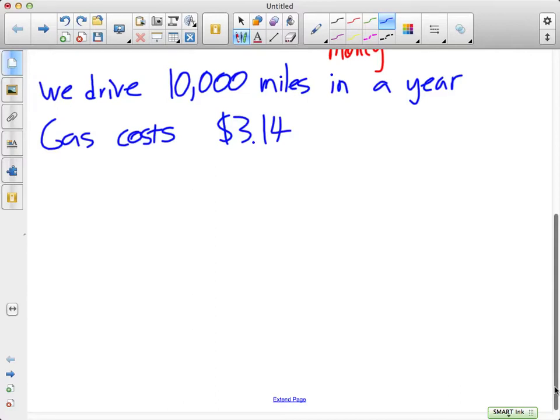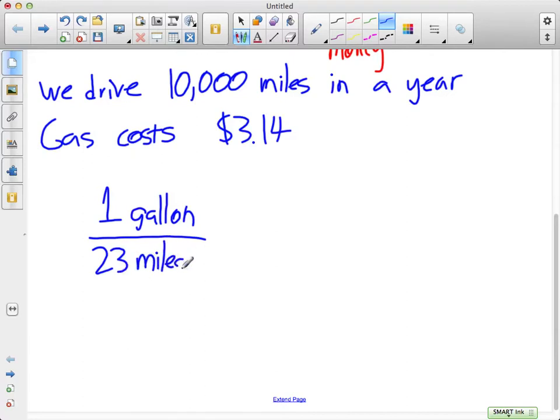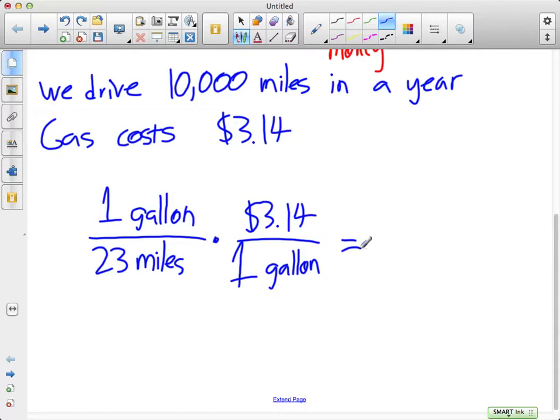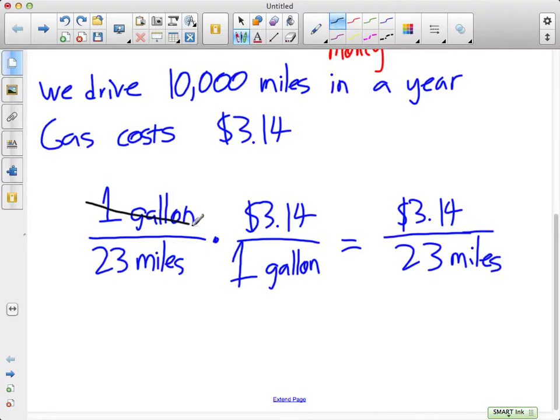So 1 gallon of gas gets us 23 miles. This is miles per gallon. Well, and we know $3.14 gets us a gallon of gas. So when we multiply these two and simplify the fraction, well, we get 3.14 over 23 miles, because remember here, 1 gallon cancels with 1 gallon.